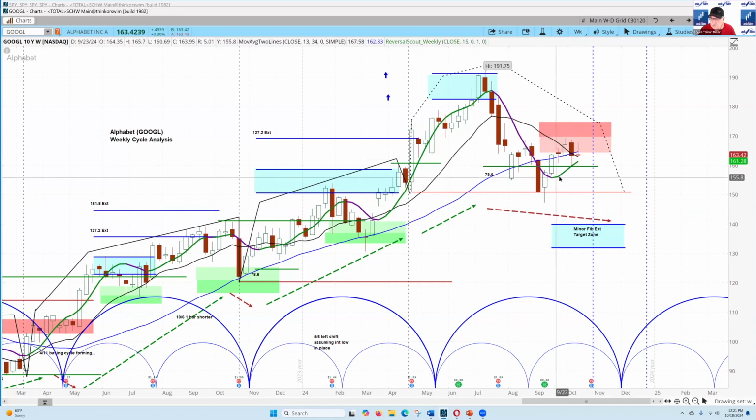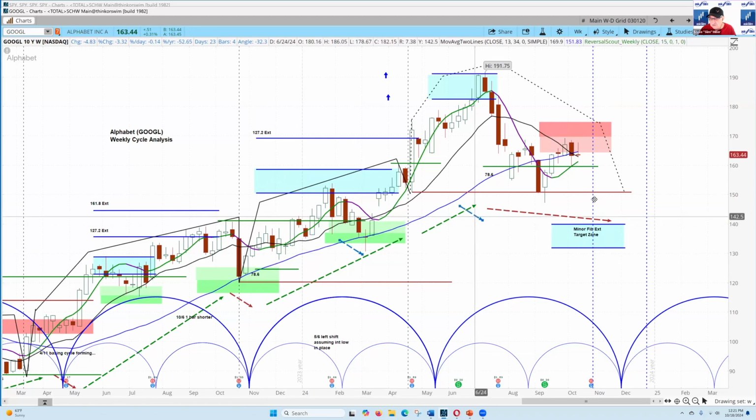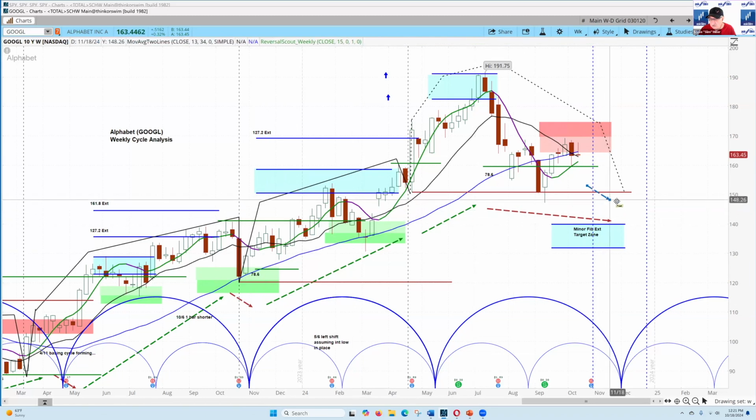But what we see is momentum positive. But while the momentum is positive, it can only get up to that resistance area. When this cycle completes in this period right over here, I'm just going to grab this right here. It should essentially be that arrow right there for just the minor cycle will join up with the dominant cycle, as you see right there, into this period of risk, as we call it right there.